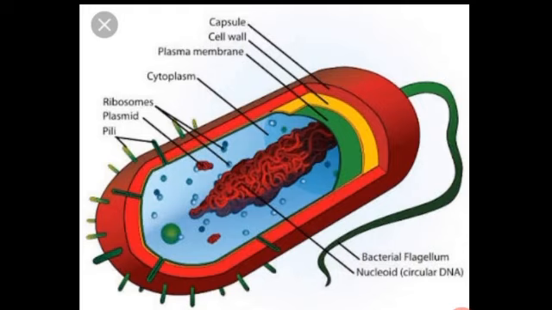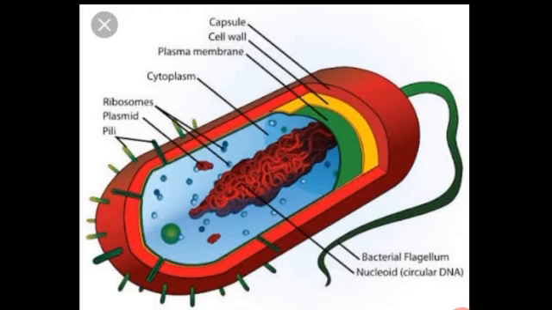So you might be thinking, if mitochondria is absent, how do they respire? For that, they have a special site placed within the plasma membrane, which helps in the respiration of the bacteria.